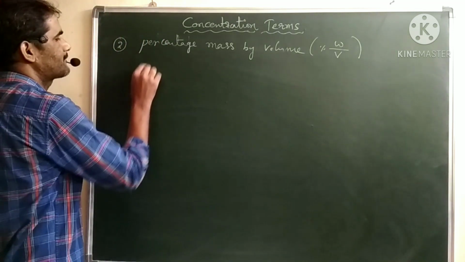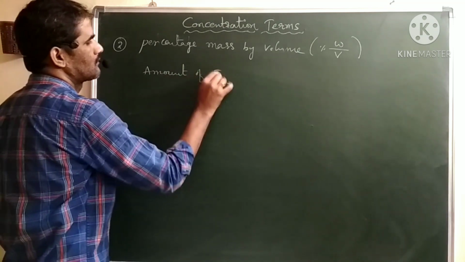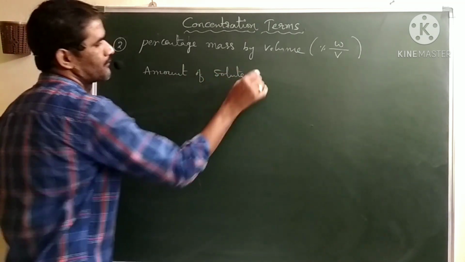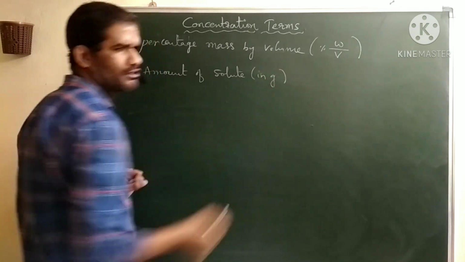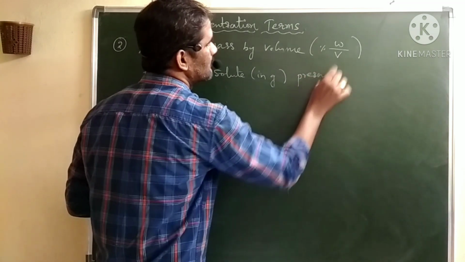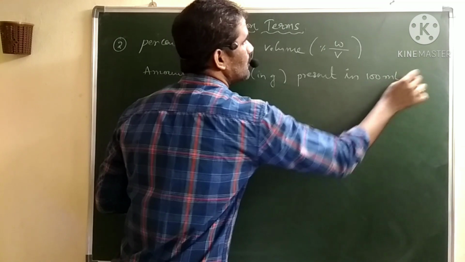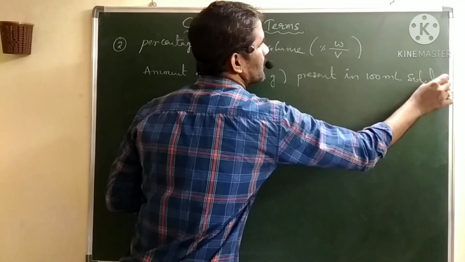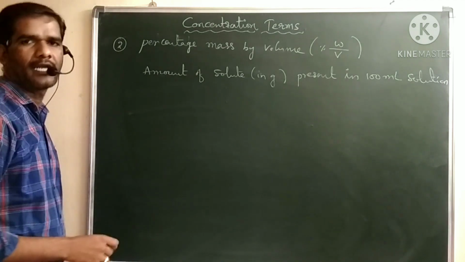So here the amount of solute we generally take again in grams. Units should be the same. Present in 100 ml of solution. Again we have to take solution here. So now we can derive one formula.